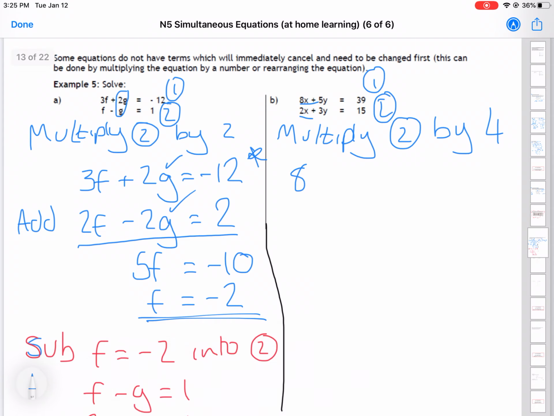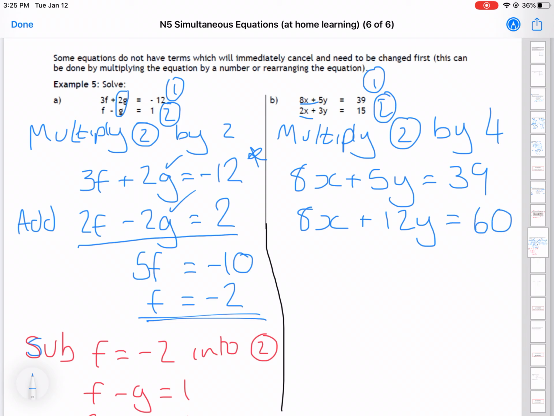So the first equation stays the same. It is 8x plus 5y equals 39. The second equation becomes 8x, so everything is multiplied by 4, plus 12y equals 60. I can draw a line under these.